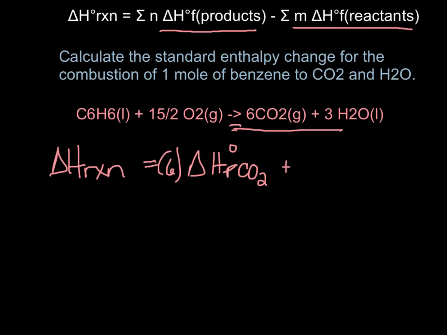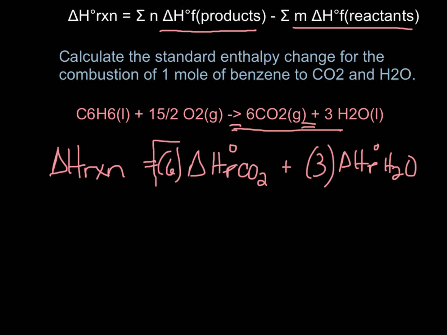To that, I'm going to need the delta H formation for water, and since there are 3 moles of it, I'm going to have to multiply that by 3. Remember that delta H is an extensive property, so I've got to take into consideration the number of moles of all of my reactants and products.